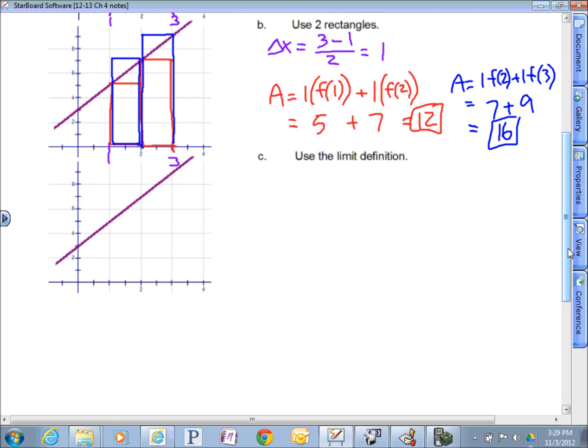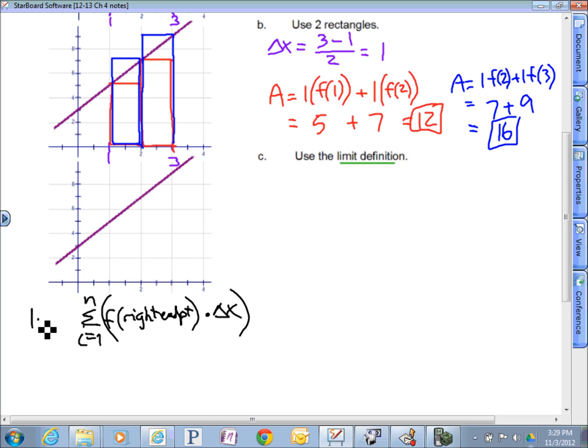How does it tell me to? Use the limit definition. Oh boy. Okay, let's start by writing down what the limit definition is. Sigma i equals 1 to n of f of, and we're always going to use the right endpoint when we do the limit definition, times change in x, and ultimately we're going to take the limit as n approaches infinity of all of this.